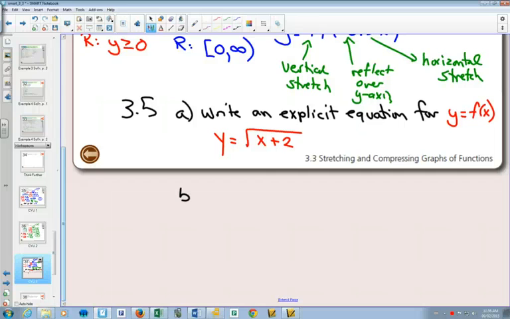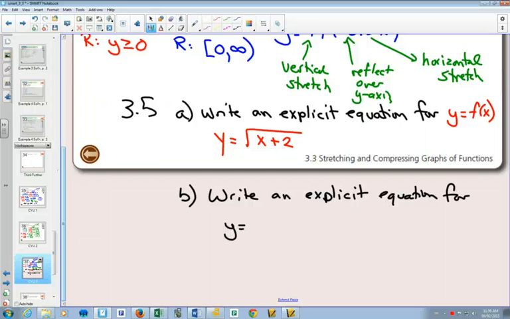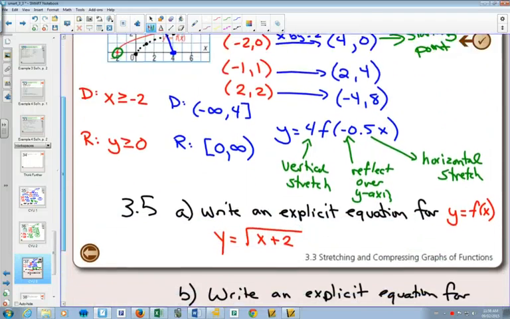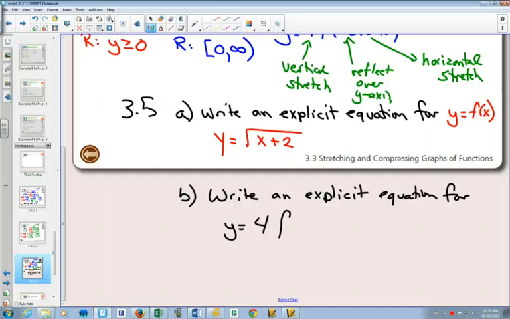And then part B, we're going to write an explicit equation for y equals, and what was the actual transformations done? For f negative 0.5 x.